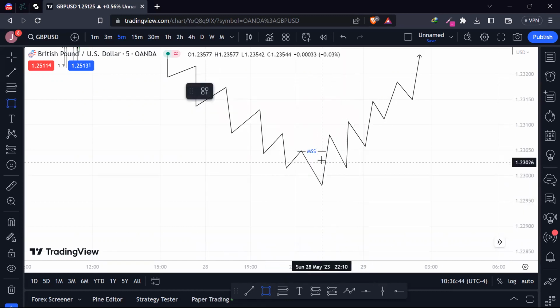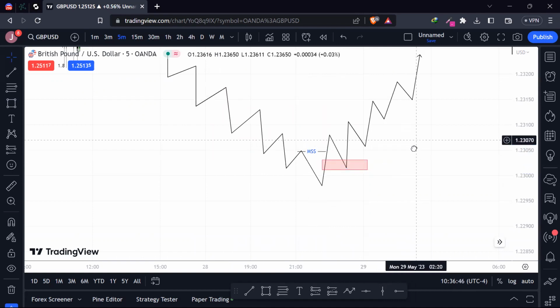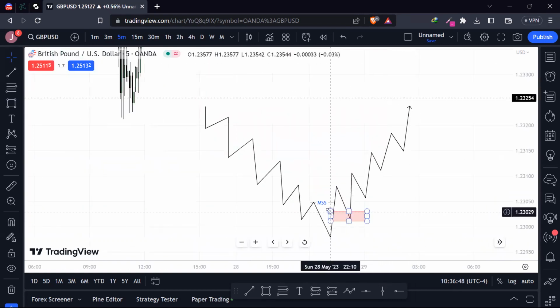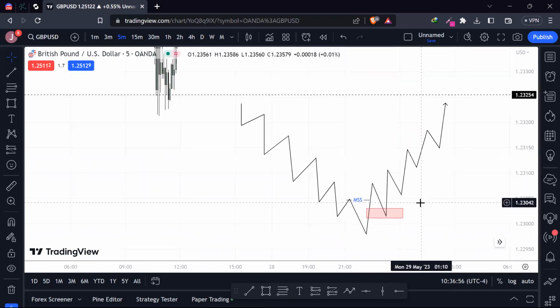And there will be a fair value gap right here. So the market structure shift is an indicator of the reversal of the market. If you see a market structure shift, there's a high probability the market is going to reverse.